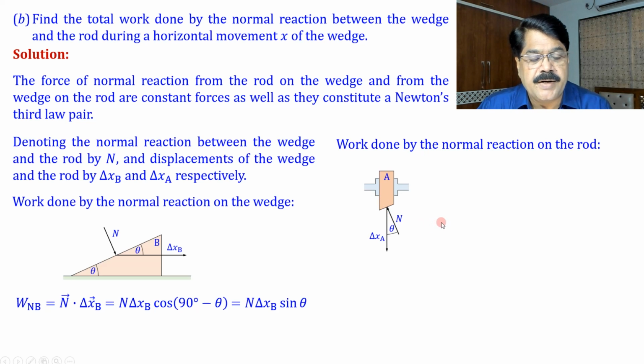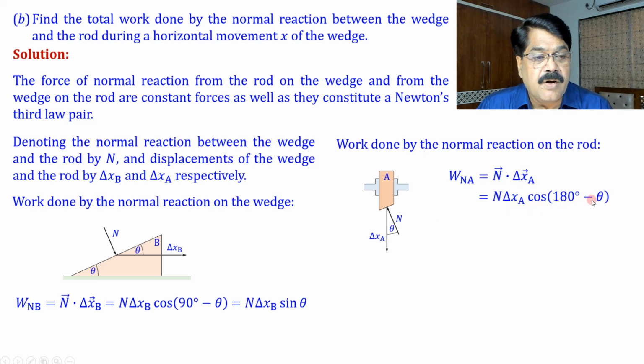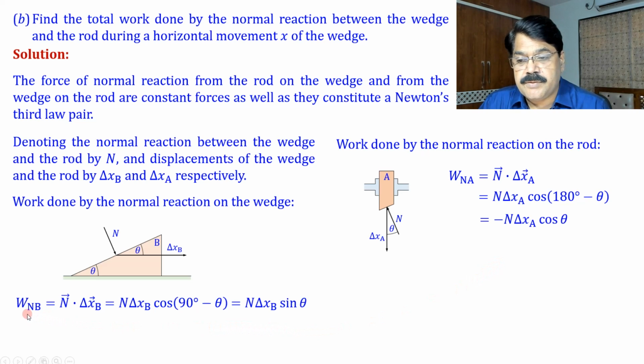So now we write here W_na is equal to n dot delta xa vector. So n delta xa cos(180 minus theta). So it will be minus n delta xa cos theta. Now we have obtained the expressions for work done, and we know the constraint relation also. What? Delta xa is equal to delta xb tan theta. By using this, we add these two terms and let us see what we obtain.